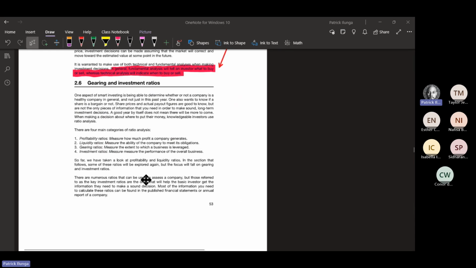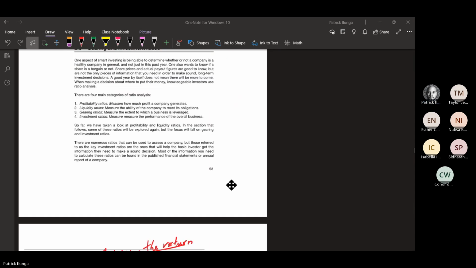For your gearing, we have to look at the extent to which a business is leveraged: how much debt did we take to run this business? And then the investment ratios, obviously. Now, guys, see how easy this is.